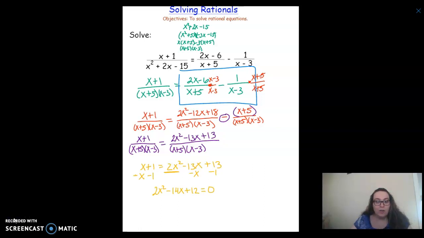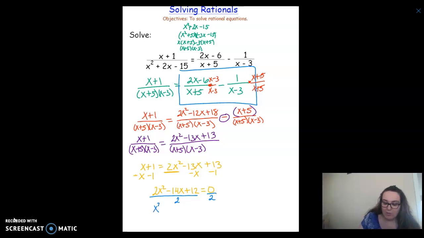All right, now that it is equal to 0, we are going to need to factor this. You can make it a lot easier on yourself right here. You could say, hey, 2, 14, and 12 all have a 2 in common. So you can actually go ahead and divide both sides by 2 to make your numbers smaller here.